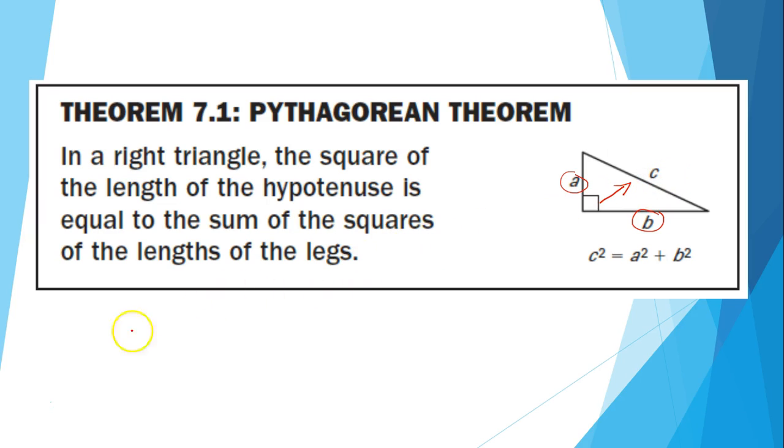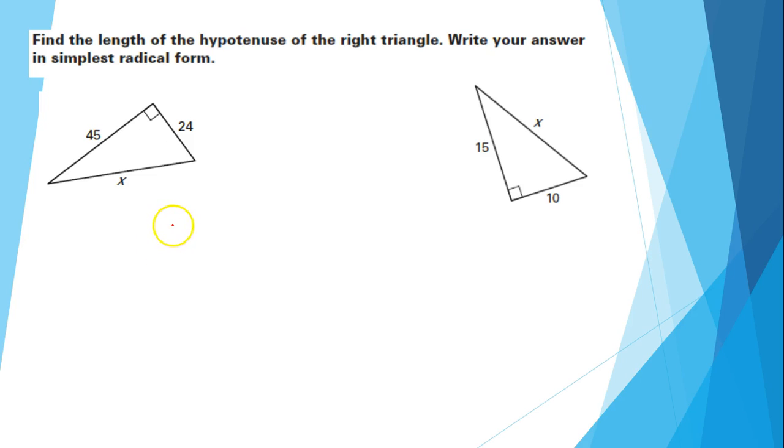Okay, so let's go ahead and take a look at using these in an example. It says find the length of the hypotenuse of the right triangle in these examples. So you're already told that this missing length is the hypotenuse. This is going to be our value of C in our a squared plus b squared equals c squared formula.